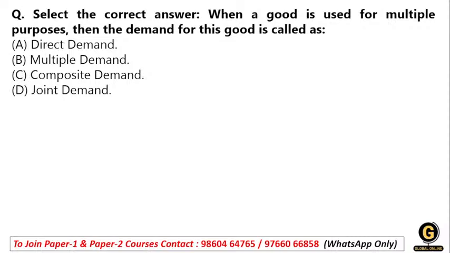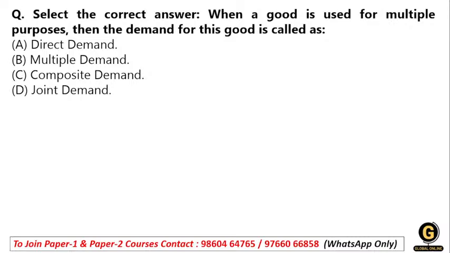Now select the correct answer. When a good is used for multiple purposes, then demand for these goods is called direct demand, multiple demand, composite demand, or joint demand. So what do you think the right answer will be? What is asked in the question?